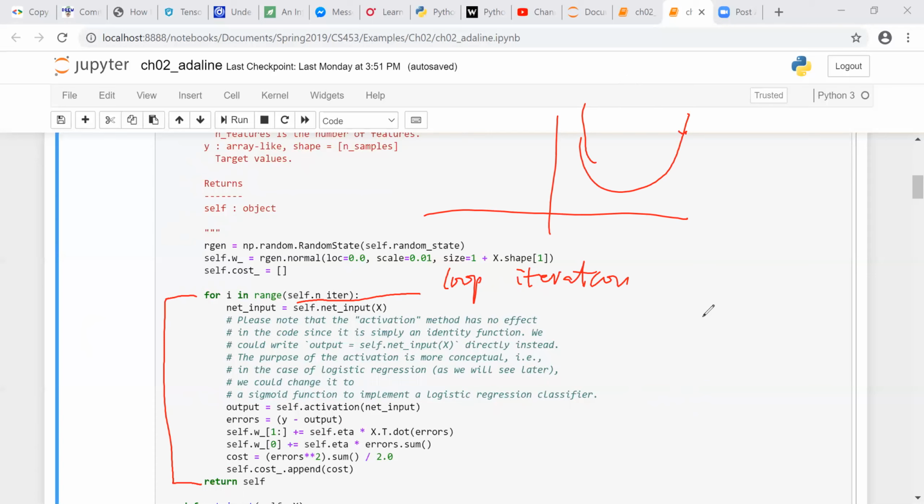Suppose here is your initial weight; you take step, step, step, step. Each iteration is each step.